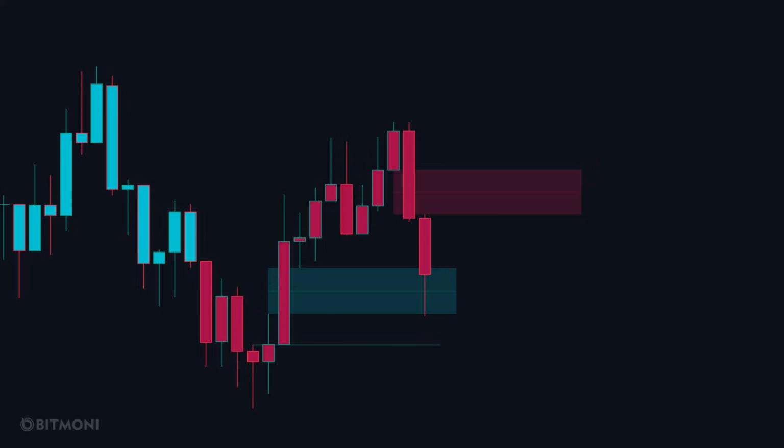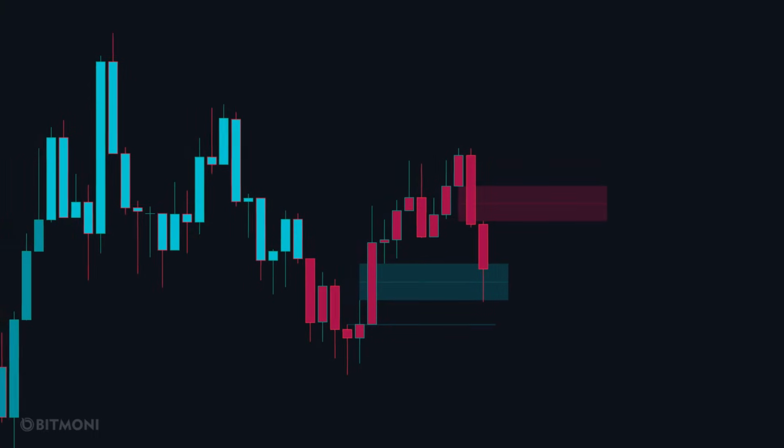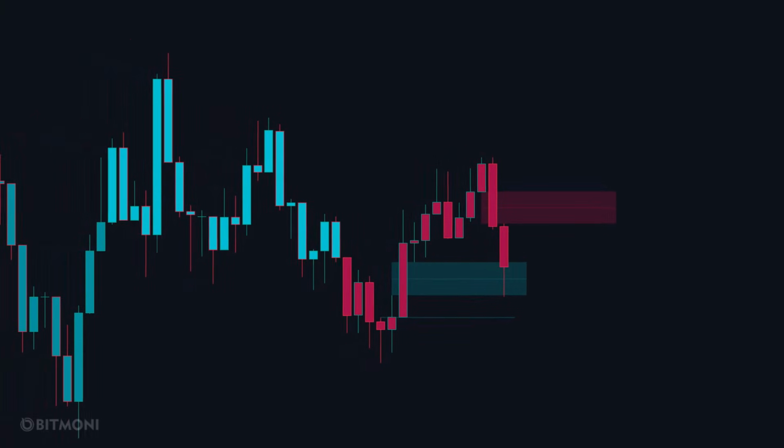Bullish and bearish fair value gaps are clearly distinguished using color coding. Green represents bullish fair value gaps, signaling potential demand zones. Red represents bearish fair value gaps, indicating possible supply zones. This visual distinction makes it easier for traders to quickly assess where price may react or reverse, enhancing decision-making accuracy.